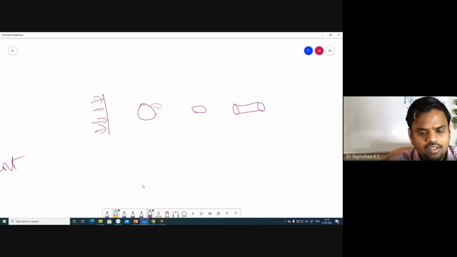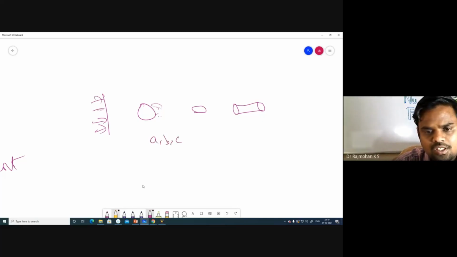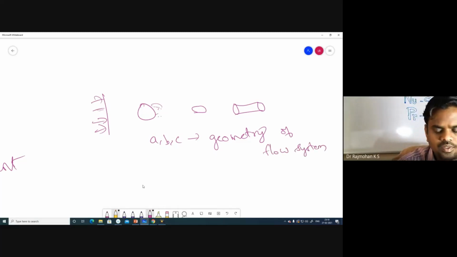So we have these constants, the values of a, b and c, depending upon the geometry of the solid, the geometry of the flow system, and flow regimes.